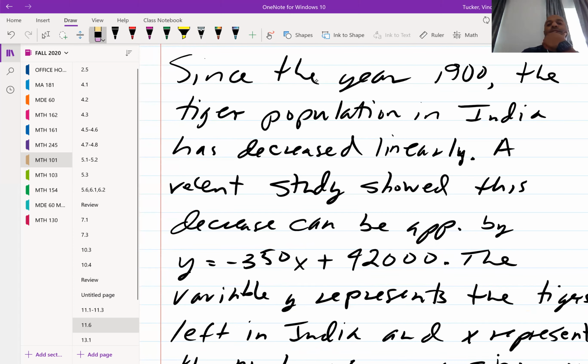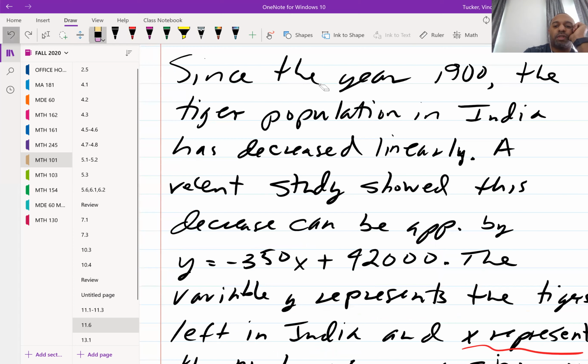All right, it says since the year 1900, the tiger population in India has decreased linearly. A recent study showed this decrease can be applied by this formula right here.